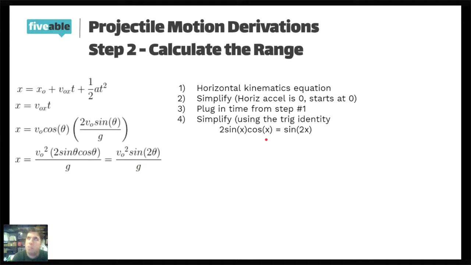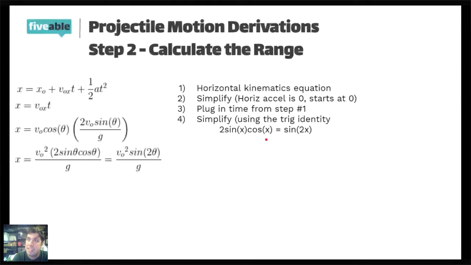Which leads us to some interesting comments about this, in that the range of the projectile depends on twice the angle. So doing some math, what's the biggest value sine can be?